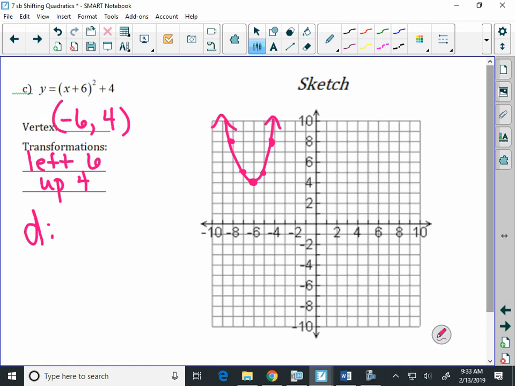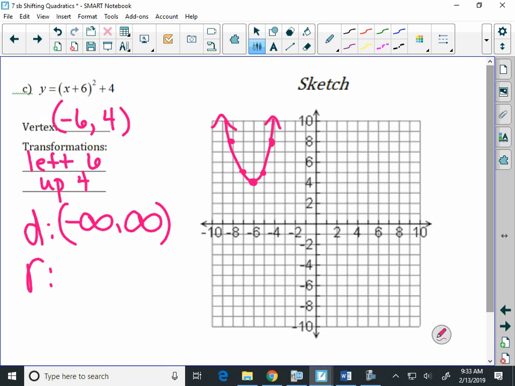To go backwards for a moment, what's the domain of this function? Negative infinity to infinity, which does mean all real numbers. Our range is not that. Do we have a high point? Do we have a low point on the graph?